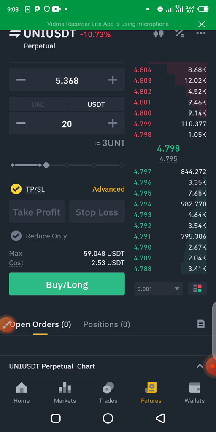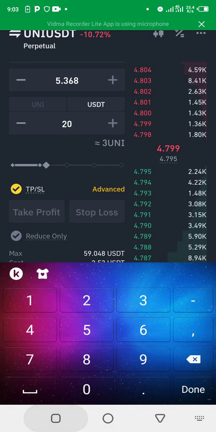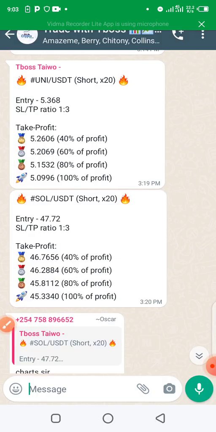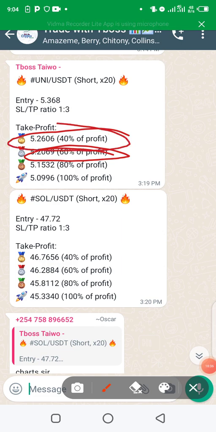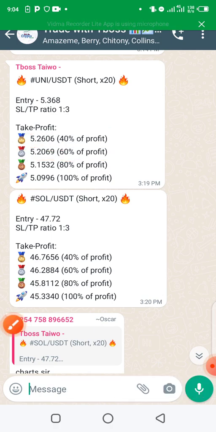So insert your take profit level. You can decide to take profit level 2 for 60% profit, as you can see here. You can decide to take profit level 1. But me, I usually take profit level 2. So come in here.